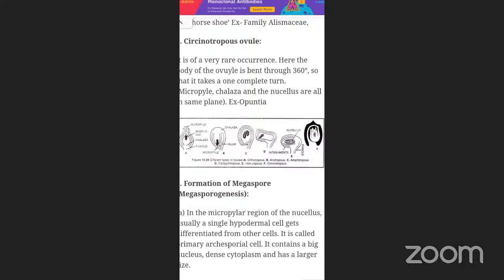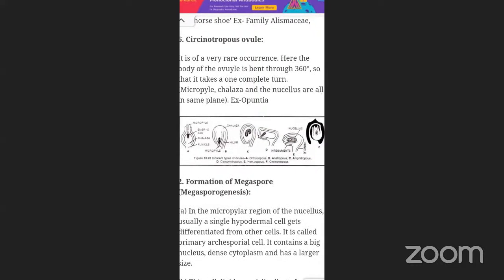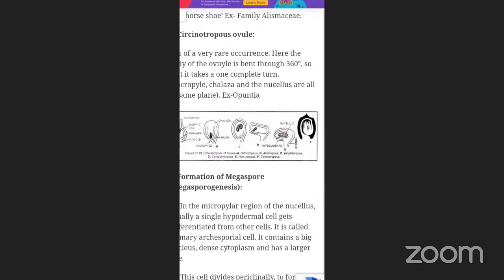The fifth type of ovule is the amphitropous ovule. Here the ovule becomes horseshoe shaped.